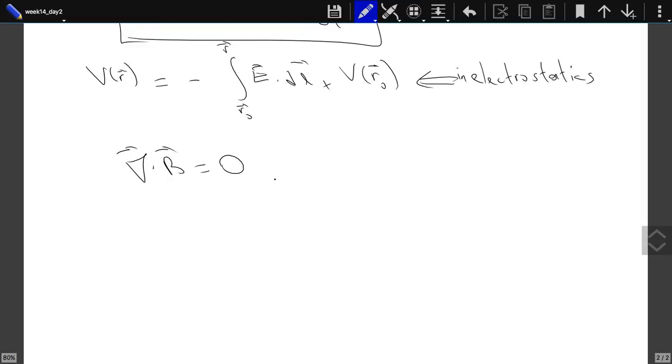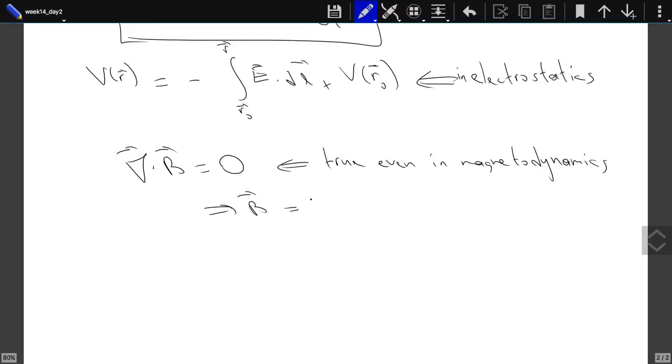This will be true even in magnetodynamics. As far as we know, within our experimental limits, this is still satisfied.